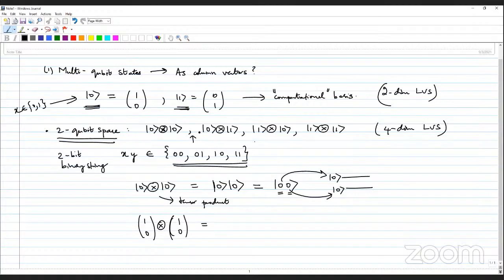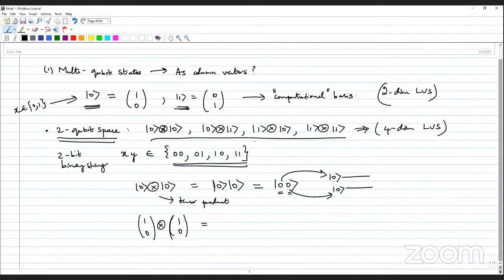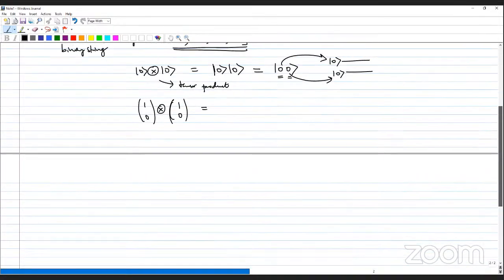That translates to four possible orthogonal states in the quantum case, which implies a four-dimensional complex linear vector space. So what we expect to see are column vectors of length 4.